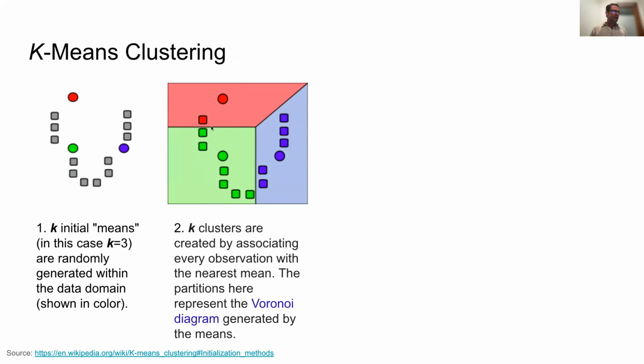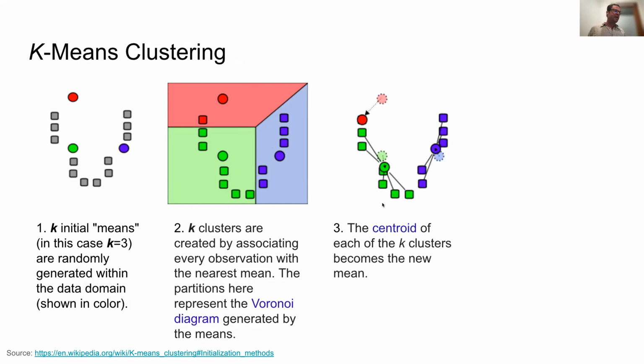So whatever other data points are within that region then get assigned to that centroid, because that becomes the nearest centroid. So all these in the light blue, all the points within the light blue polygon of that region then get assigned accordingly. And then what happens is that the centroid of each of the clusters becomes the new mean.